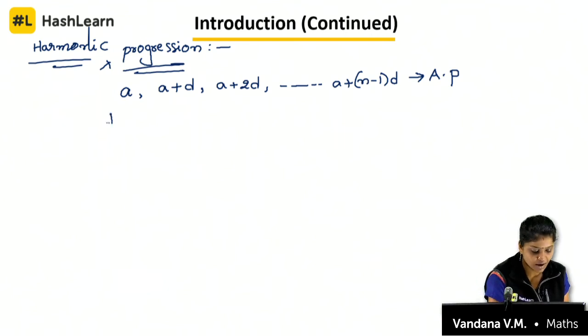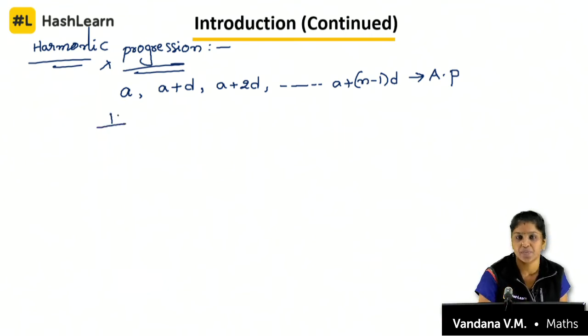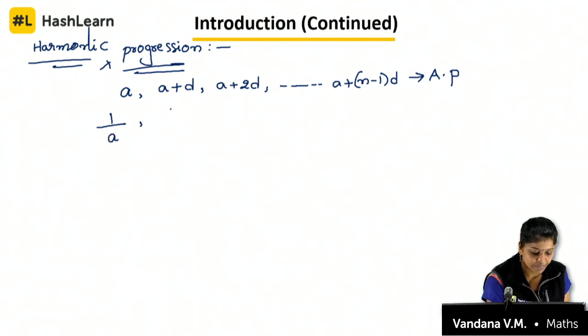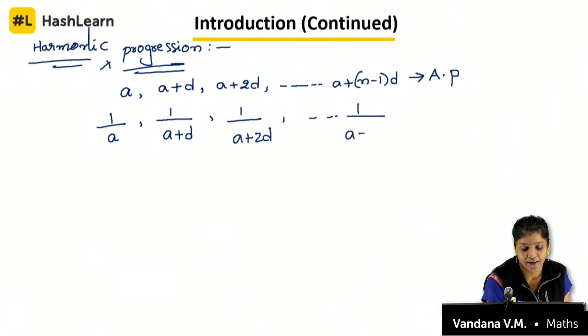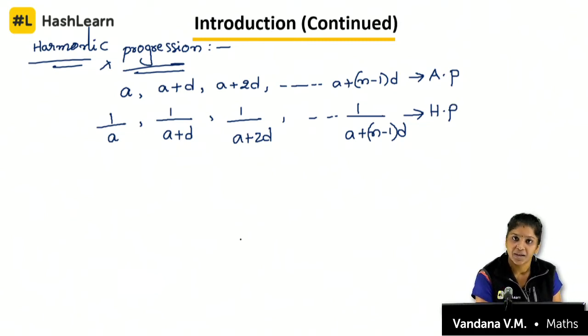So, same thing, harmonic means the reciprocal of arithmetic progression: 1 by a, 1 by a plus d, 1 by a plus 2d, and so on, 1 by a plus n minus 1 into d. This is called harmonic progression. Clear, children?